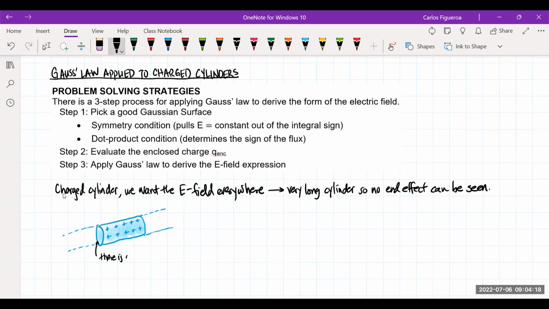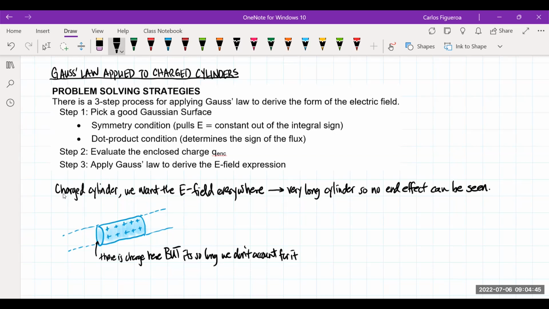There is charge here, but it's so long, we don't account for it. So remember, I'm not going to worry about this.